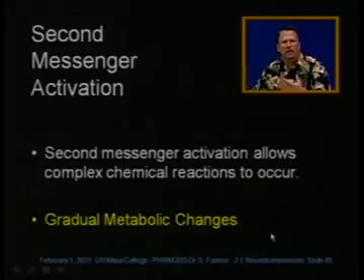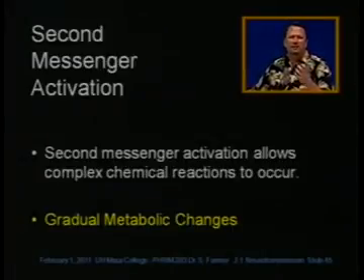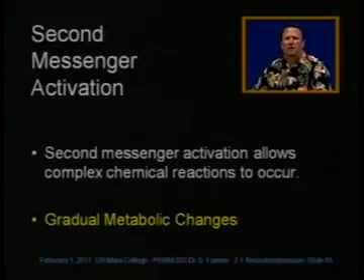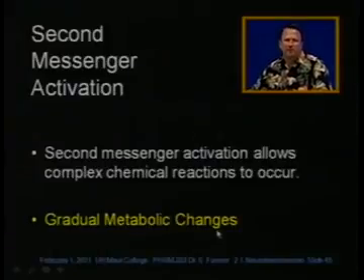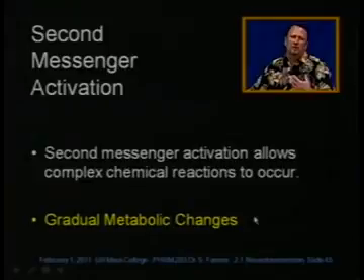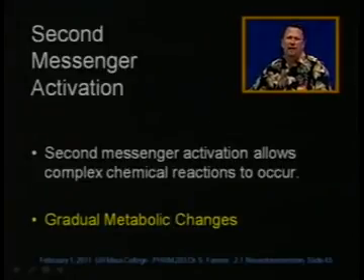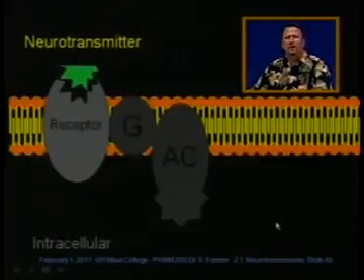So something like speeding the heart rate up, something like signaling smooth muscle. That's not an instant on and off thing that we want. That's a gradual metabolic change. So you'll notice that drugs that affect smooth muscle, drugs that affect heart rate, they're going to activate second messenger systems. And so the second messenger system allows for gradual metabolic changes.